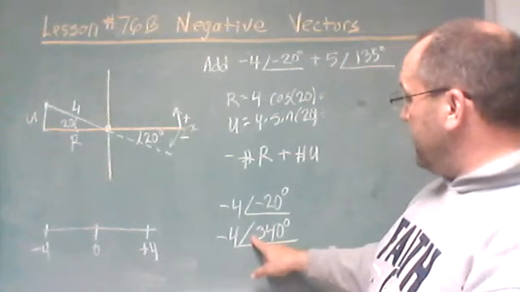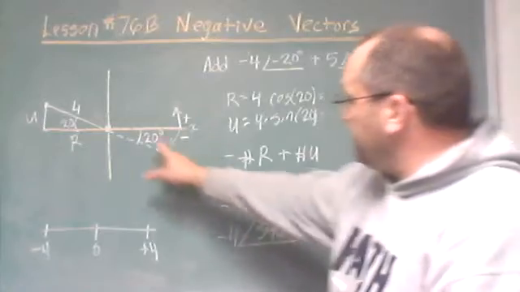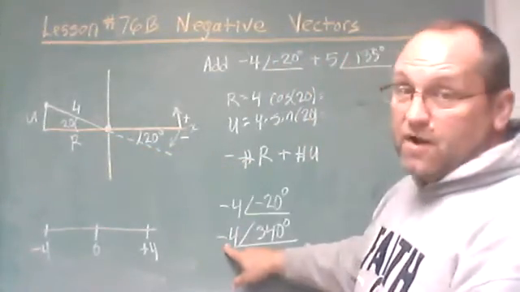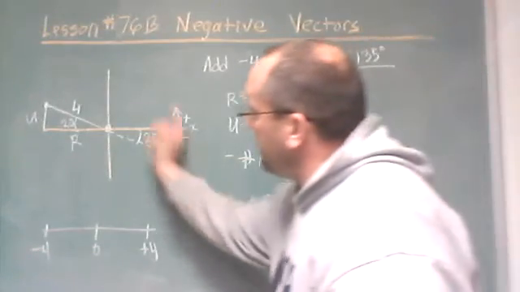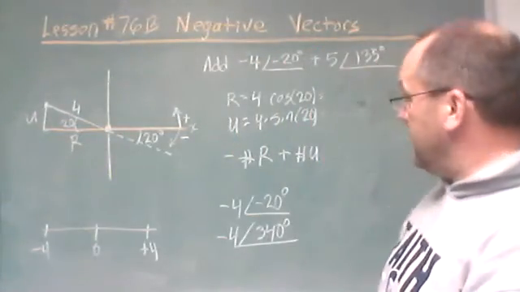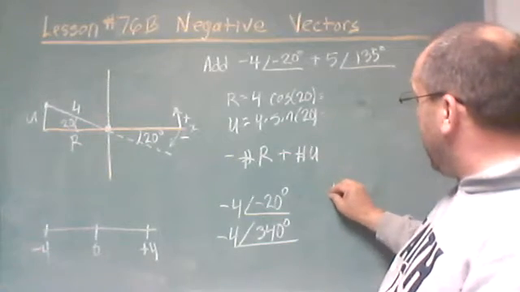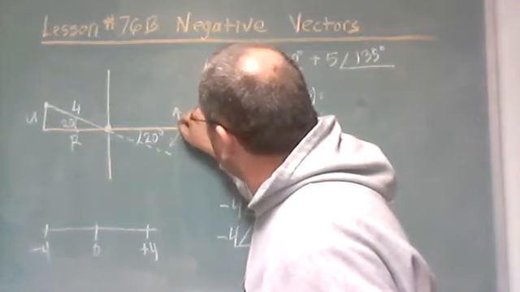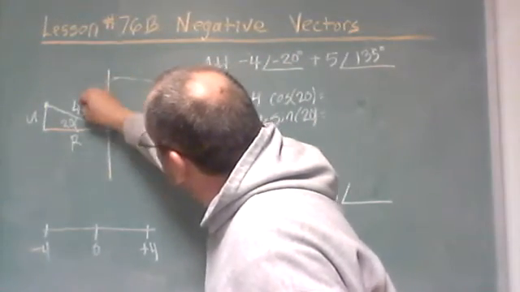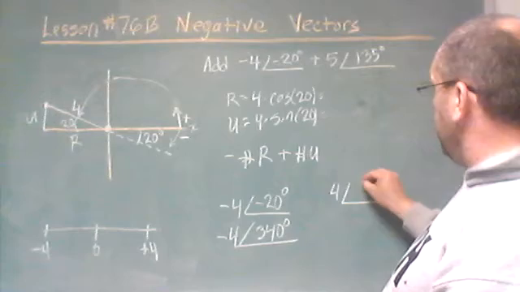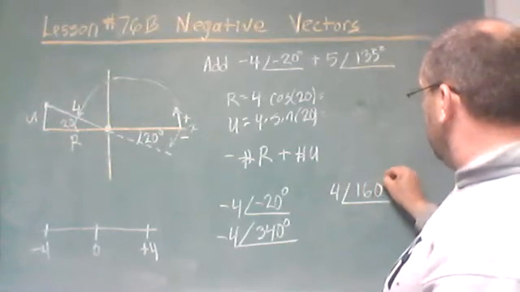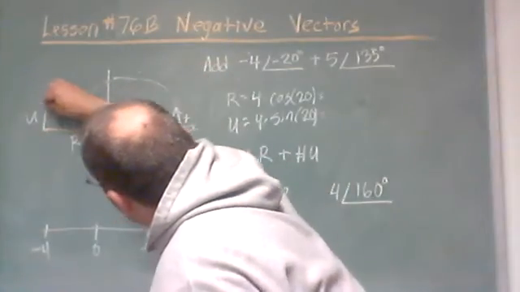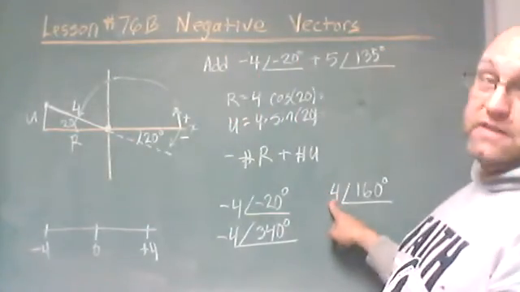If we express that at 340, the line still lies here, but we plot out the opposite distance on the other side of the axis. Similarly, we can use a +4 and come around this way, 90 plus 70, 160 degrees. 160 degrees will be this line, and then we plot a positive 4 along there.